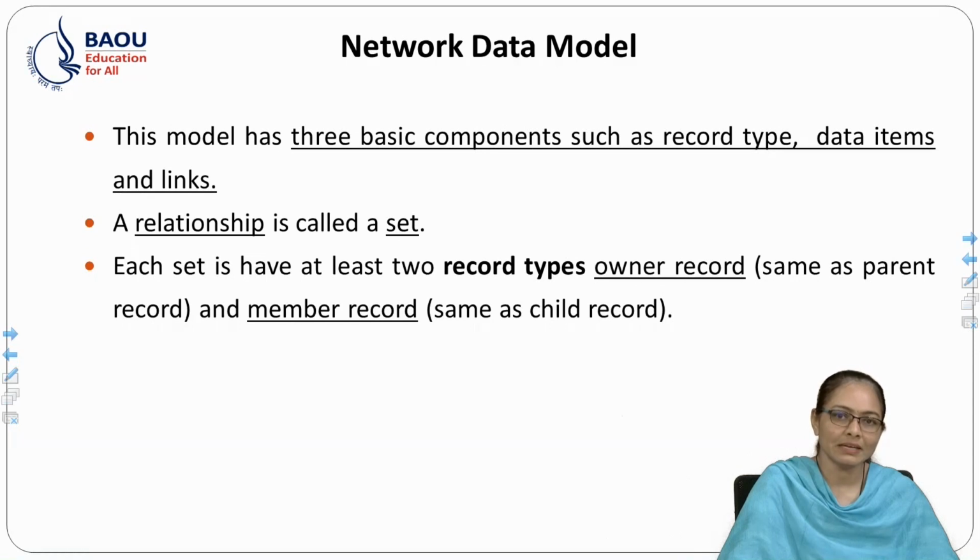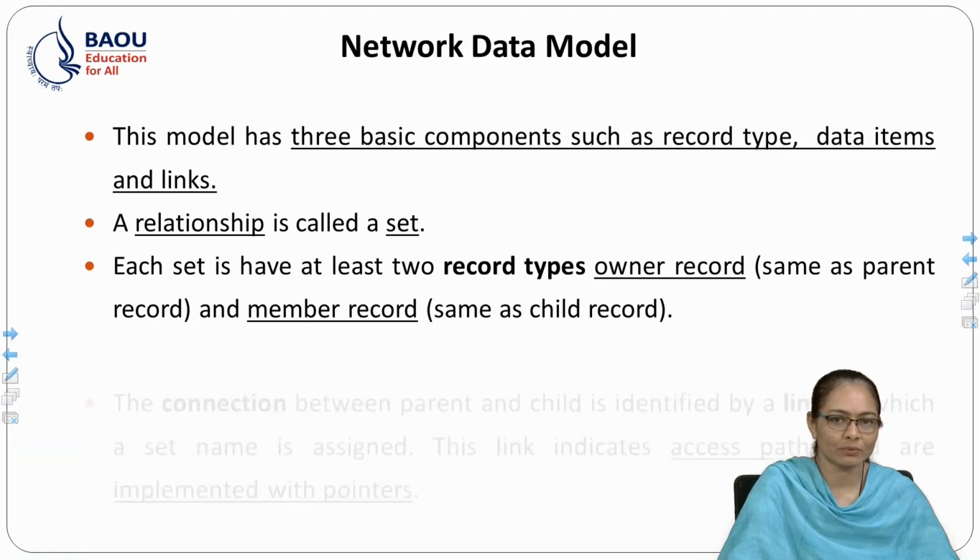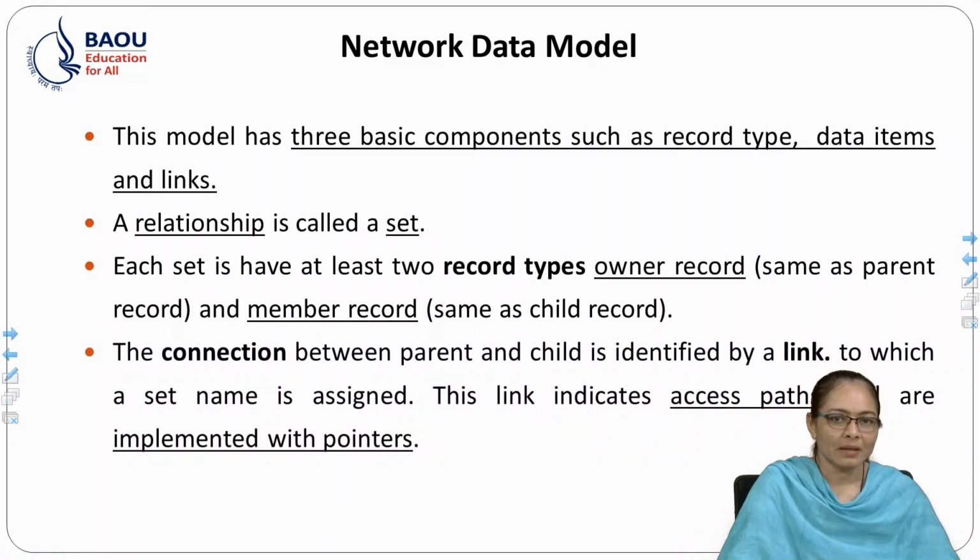We can say the owner record is a parent record and the member record is a child record. Now the connection between the parent and child record is identified by using a link to which a set name is assigned. This link indicates the access path and is implemented with pointers.